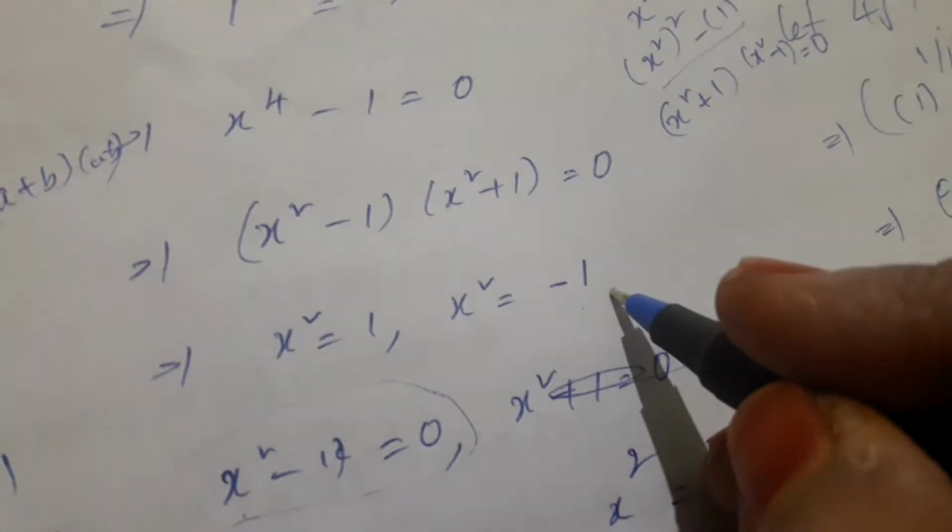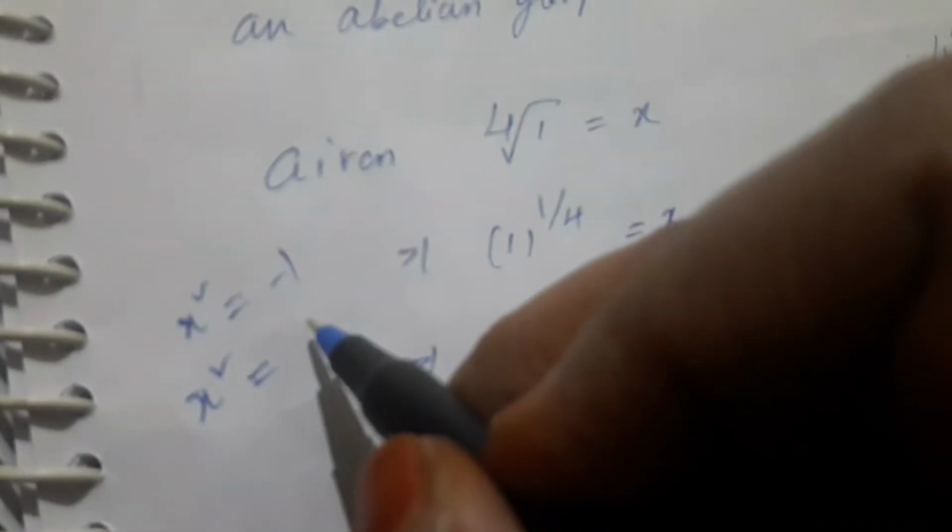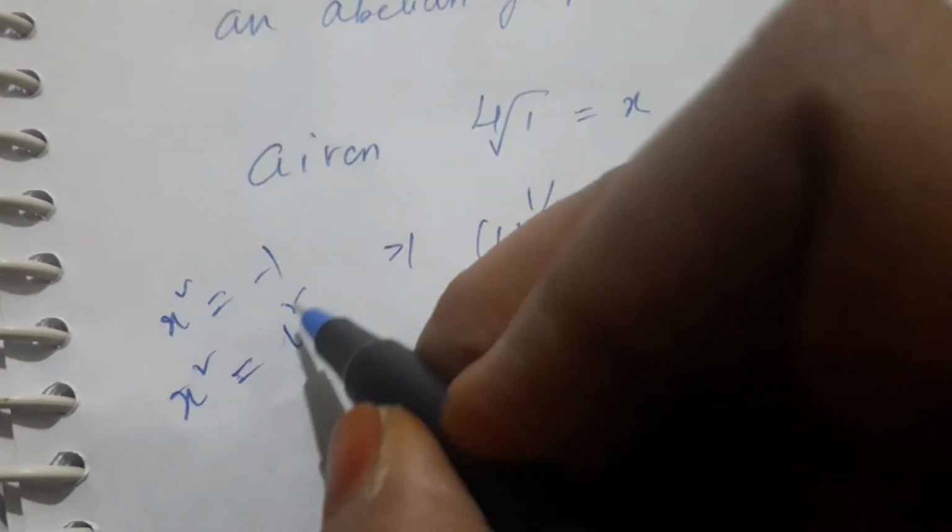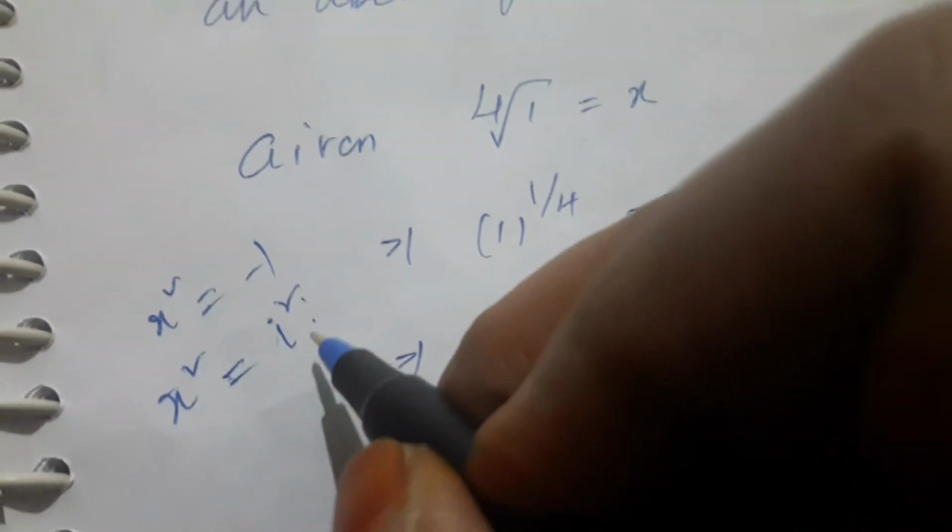Now coming to x square is equal to minus 1. It can be written as x square is equal to i square, where i square is equal to minus 1.